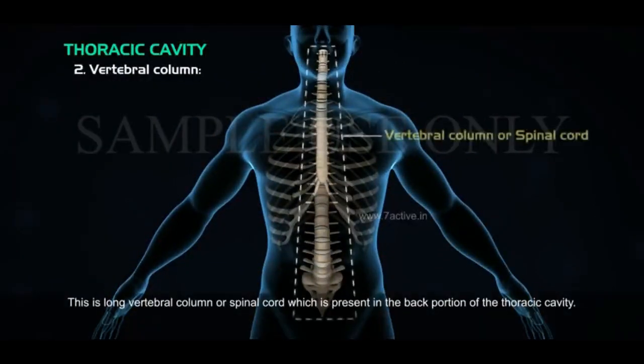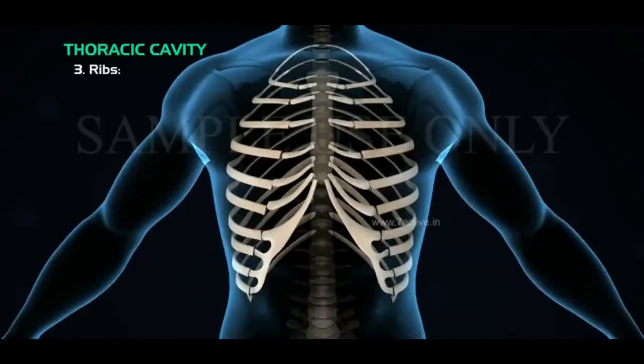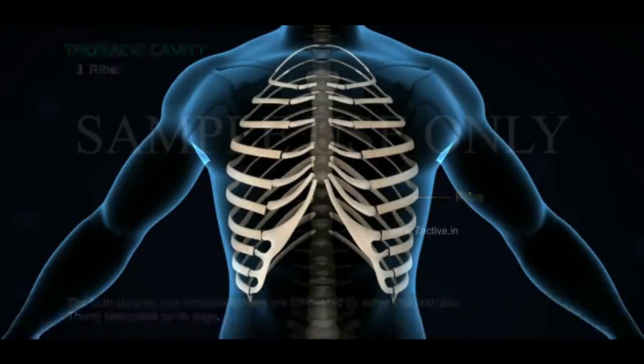This is the long vertebral column or spinal cord which is present in the back portion of the thoracic cavity. 3. Ribs. Both sternum and vertebral column are connected on either side with ribs. This is also called the rib cage.